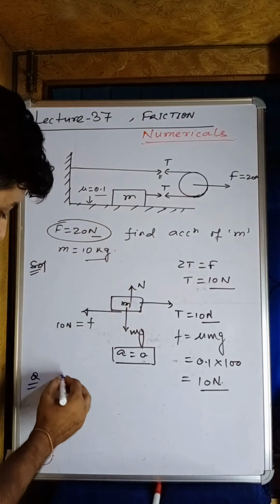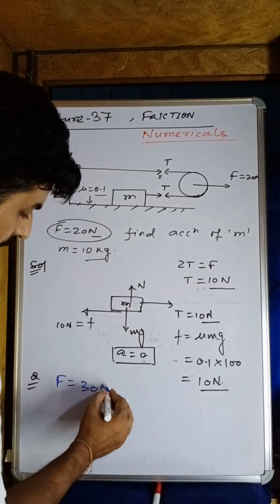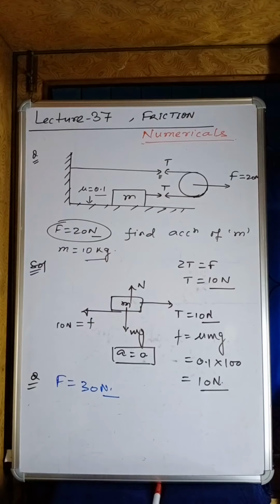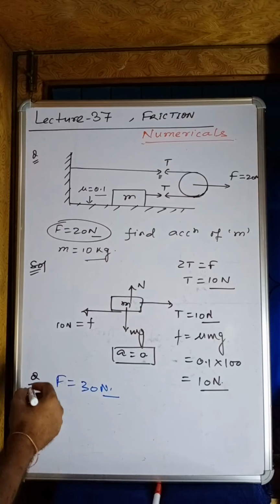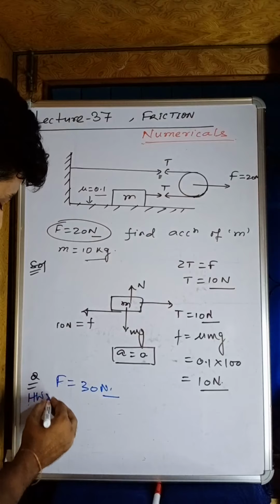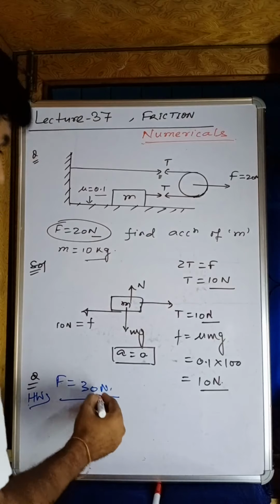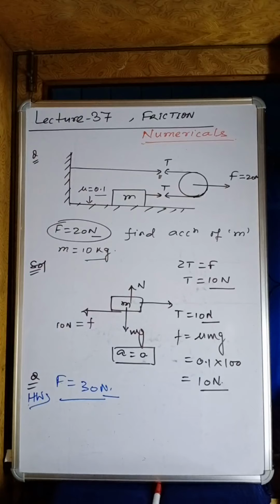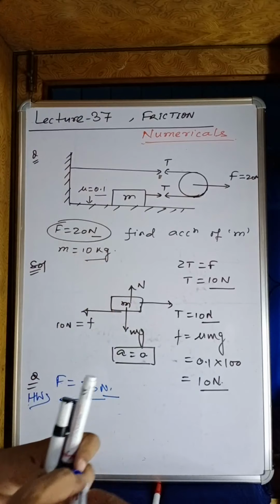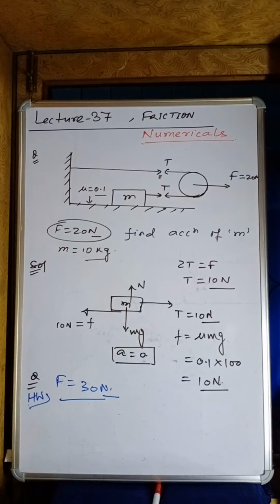Then what will be the acceleration? Could you find it, my dear students? This is your homework. If this F is 30 Newton and all the other data are the same, then you have to find the acceleration of this block. Alright, this is your homework.